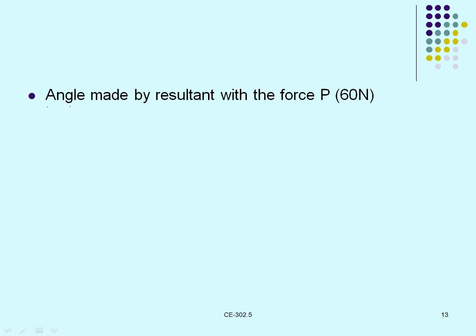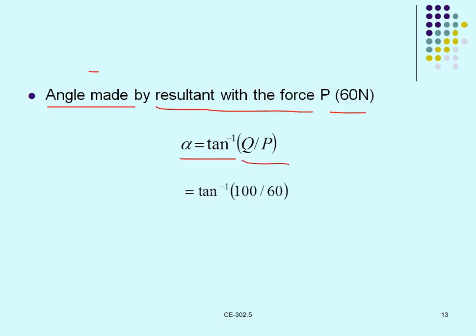Therefore, the angle made by the resultant with the force P, that is 60 newtons, alpha is equal to tan inverse of Q by P, that is tan inverse of 100 by 60, which is equal to 59 degrees 2 minutes.